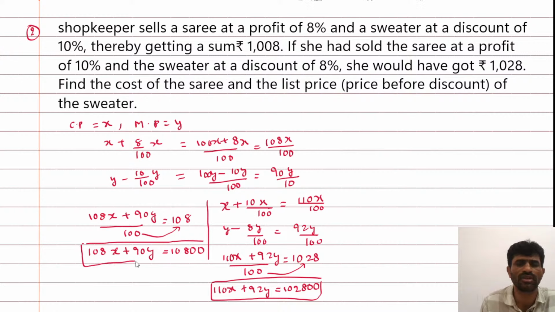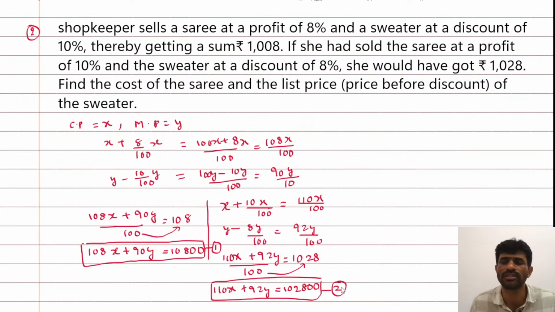Equation 1 and equation 2 you have to solve by either elimination method or substitution method. Kanish, hope you got how to get the equations. Once you know the equations, you can solve it easily. Clear about this? Shall we discuss the next question?